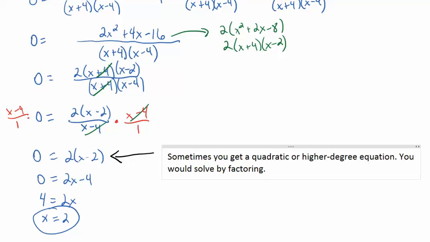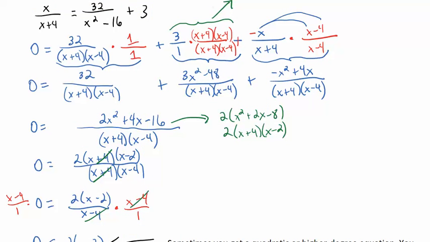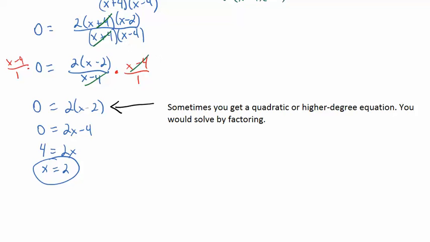So you may have to remember that. Also, x equals 2, if you look at it in the original equation, you can plug it in for these denominators, because that's what you would do if you wanted to check. You'd plug 2 back in for these x's to see if it works. And luckily for us, it doesn't make any denominators 0. So x equals 2 is an acceptable solution to this equation.